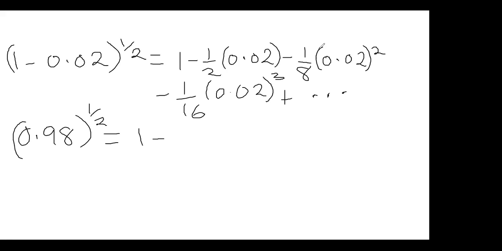So when we start evaluating those, we have 1 minus 0.01, then minus 0.00005. Don't know if this is very correct. Then minus 0. You should be able to subtract and divide, not using the calculator.